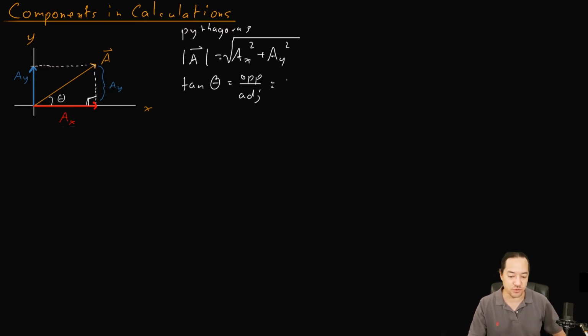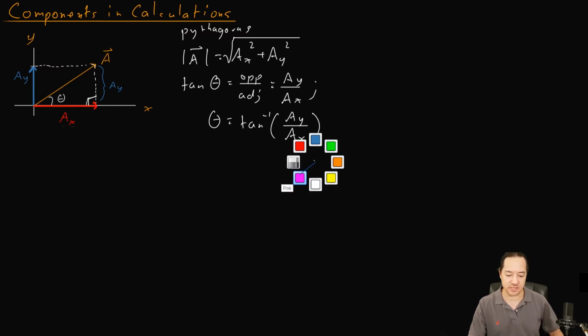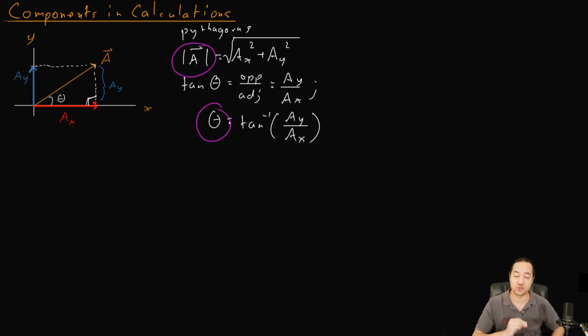So this is going to be equal to A sub y over A sub x. And of course, we can then calculate that theta will be equal to the inverse tangent, or arctan, of A sub y over A sub x. And so this is a way for us to calculate the magnitude of A as well as its direction, theta. So it's really good. If we have components, we can get the original vector back, no problem.